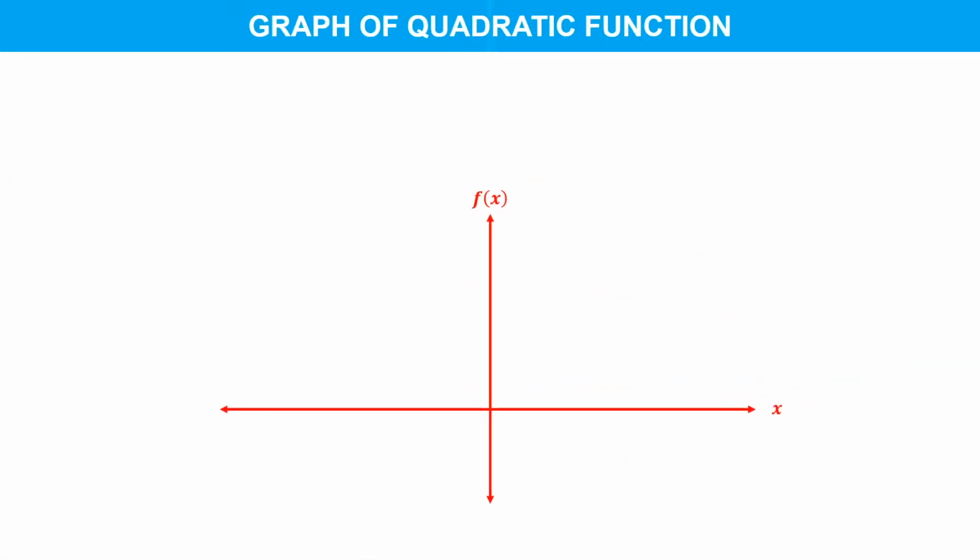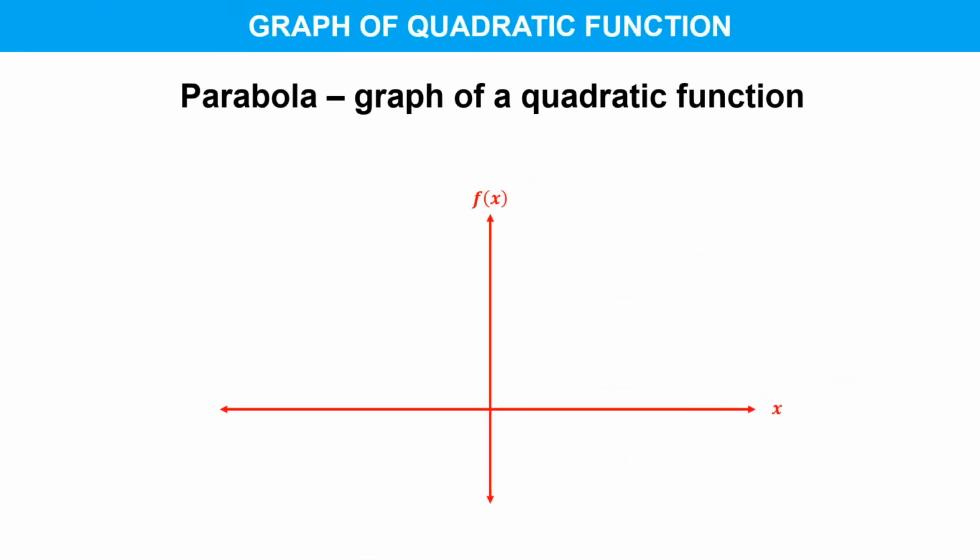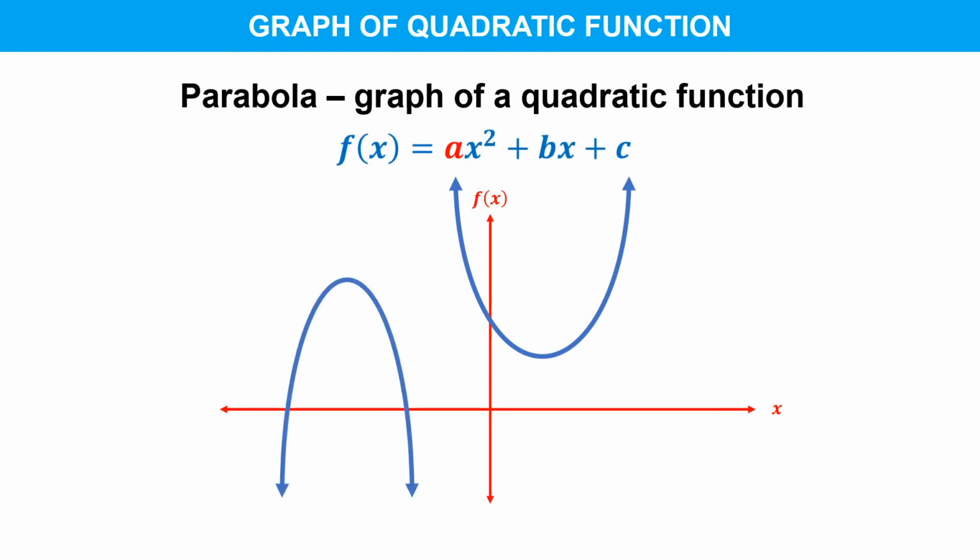The graph of any quadratic function is known as parabola. The parabola of a quadratic function may either open upward or downward, depending on the value of a, which is the coefficient of the second degree term. If a parabola opens upward, it has a lowest point at h, k, and the quadratic function has a minimum value.